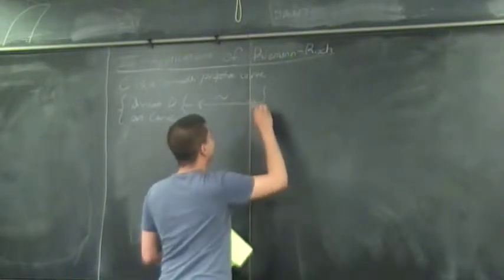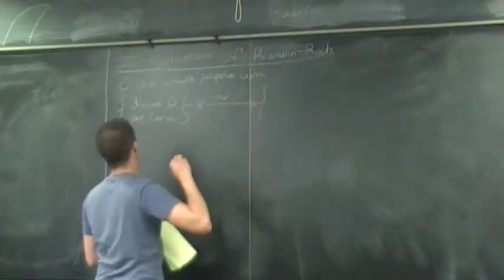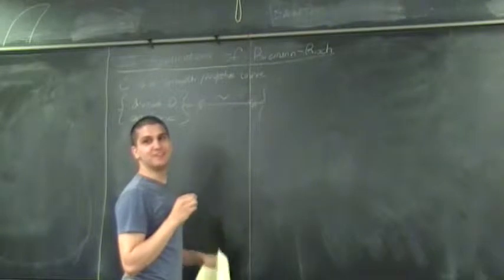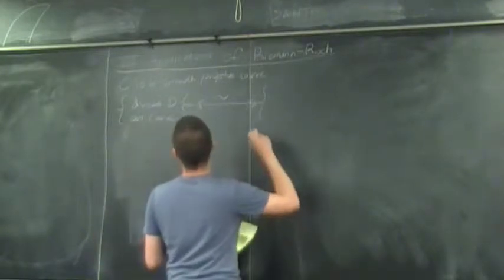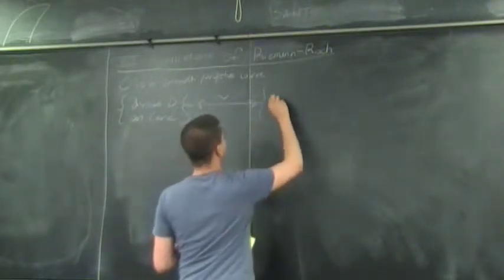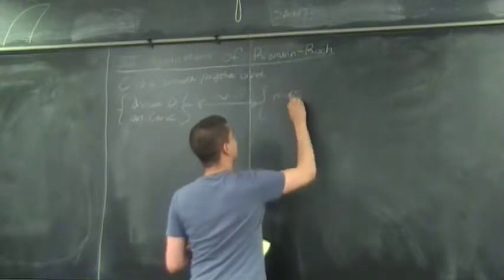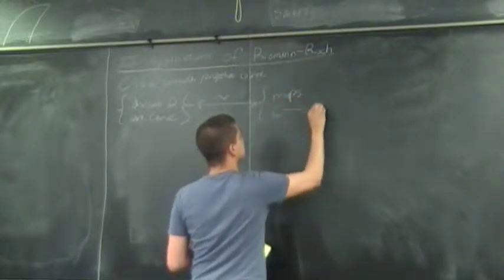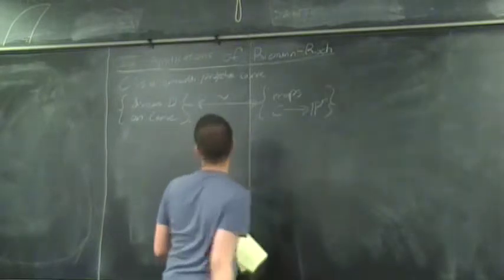There are a lot of extra words we would have to add to make it a bijection, and then on the other hand we have maps from C to a projective space.